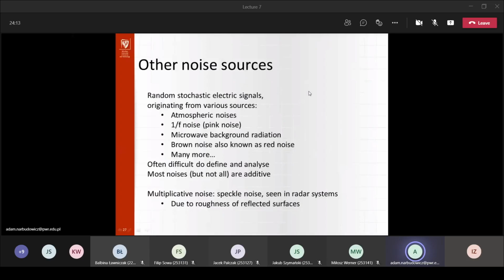Again, for additive noise, if you increase the power of your signal, the noise stays the same. So you can actually get a better quality of the signal, and this is very much reflected in the signal to noise ratio, which I mentioned earlier when we discussed SNR.